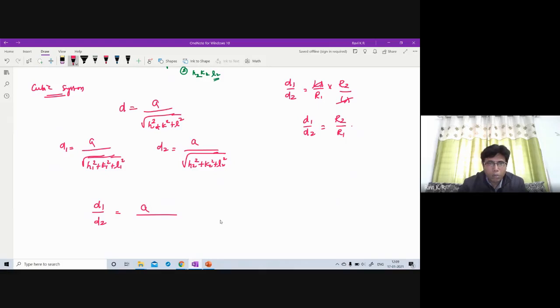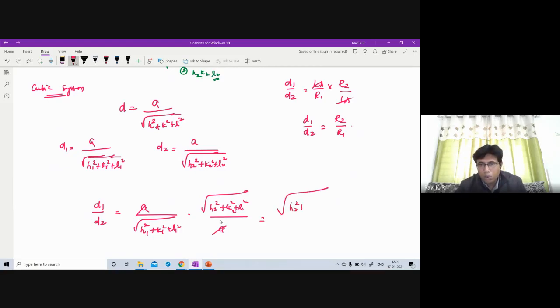That is A divided by root of H1 square plus K1 square plus L1 square into root of H2 square plus K2 square plus L2 square divided by A. This will go up. Then in that case, it will become root of H2 square plus K2 square plus L2 square divided by H1 square plus K1 square plus L1 square. Let's say this is equation 1 and this is equation 2.